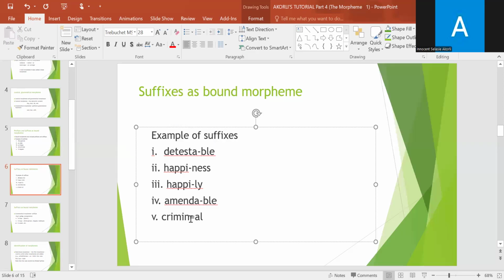So able doesn't make any meaning except that it is added to something. Ness will make meaning only if it is added to something, so that maybe happiness. So you know that happiness is a noun. So that ness in this context helps us to form a noun by being added to an adjective, happy.